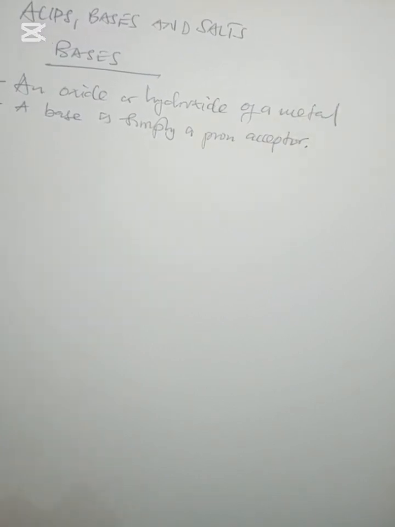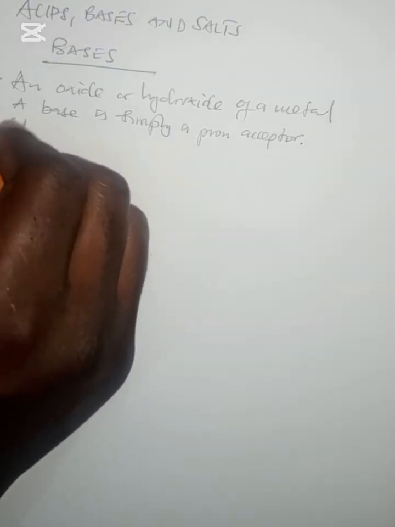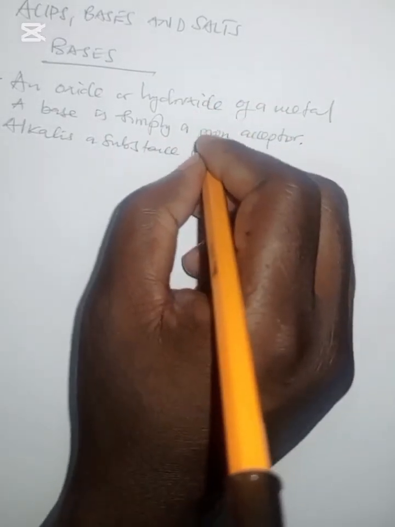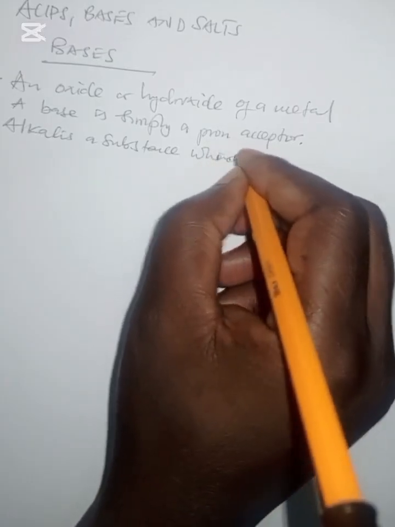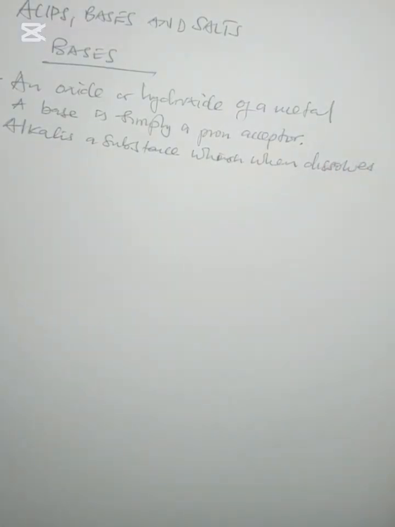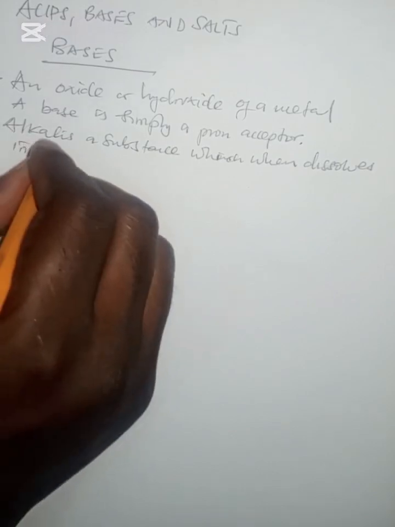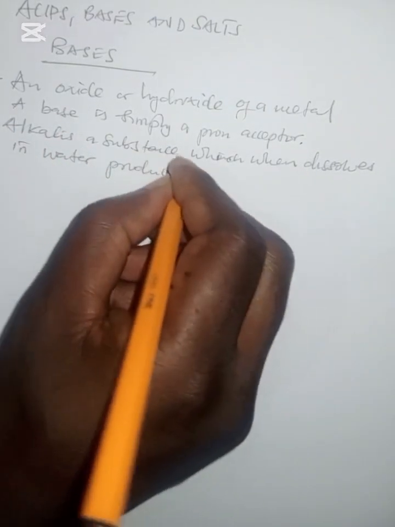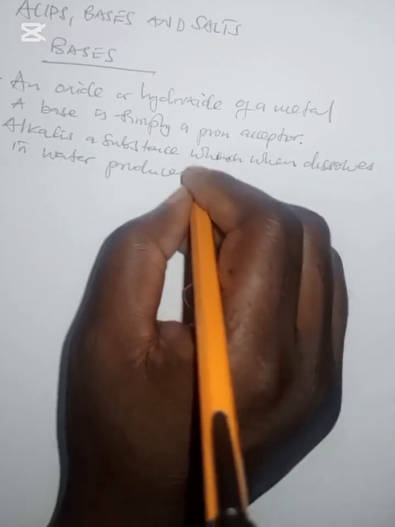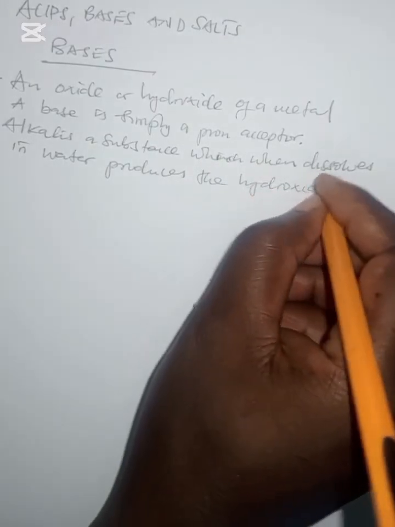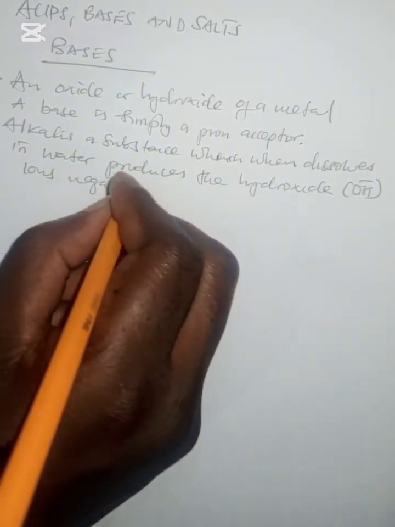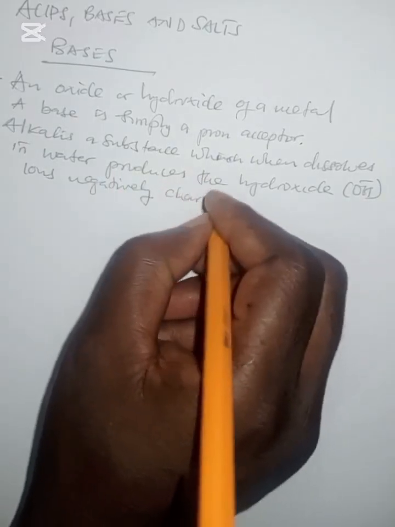Then what is an alkali? An alkali is a substance which, when dissolved in water, produces the hydroxide ions, which are negatively charged.